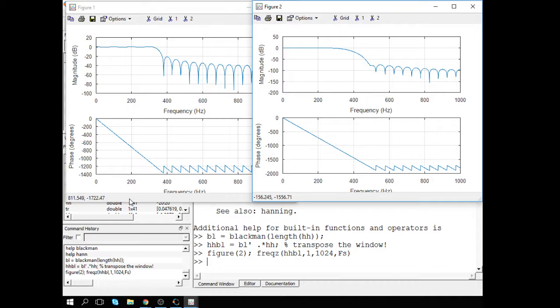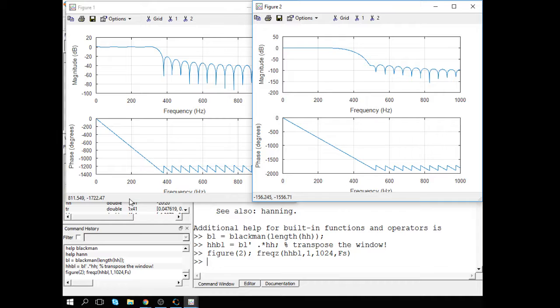Finally you scale your window size so that you get the desired transition bandwidth. There's not much to it, and that's the result. That's already quite a nice filter for audio, for example.